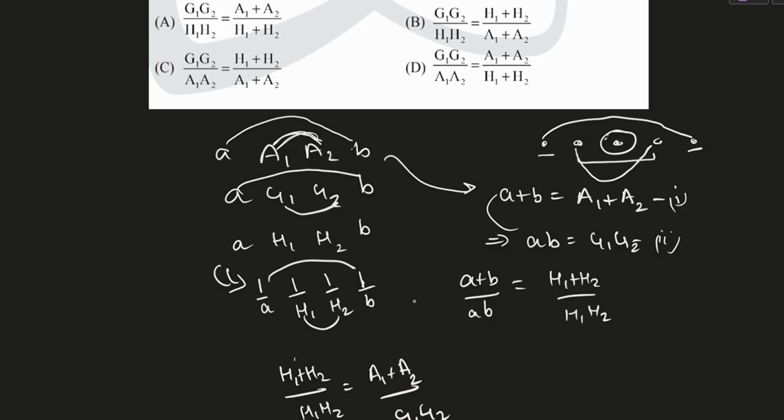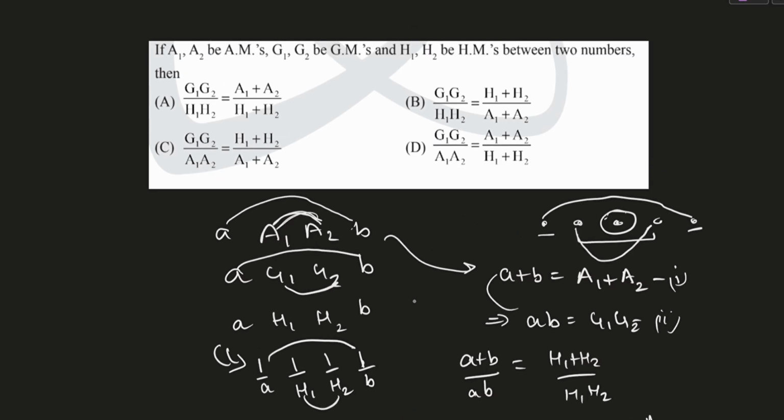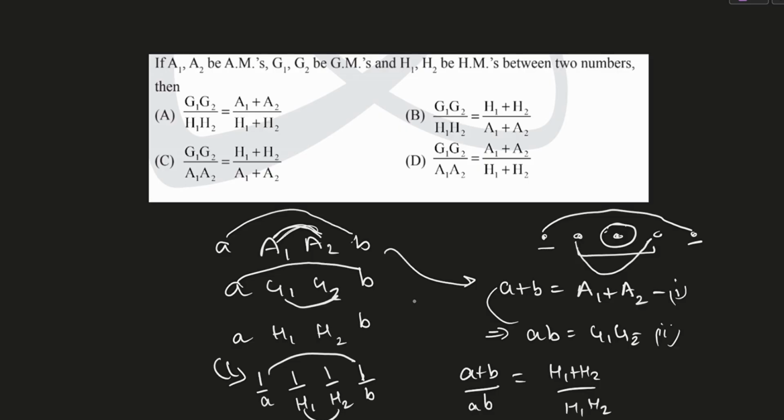So that is what we'll be doing. So can I say that G1 G2 by H1 H2 is equal to A1 plus A2 by H1 plus H2. Okay. I just rearranged the terms in order to get the desired option. So from here what we'll be getting is the A option, right?